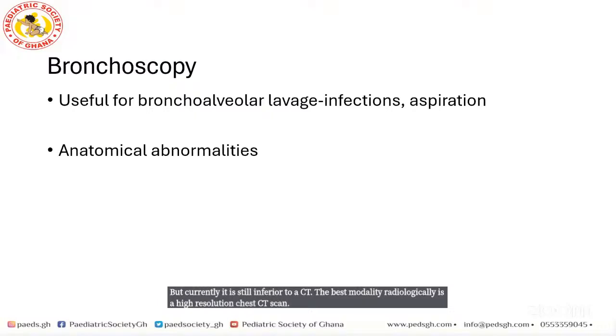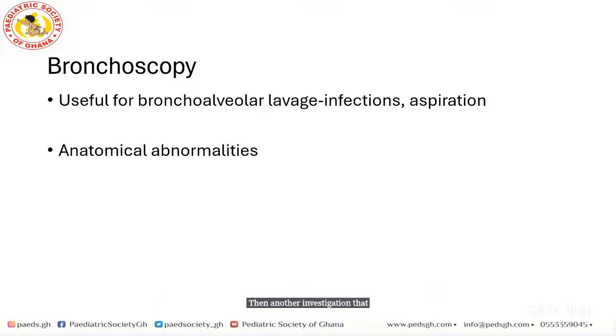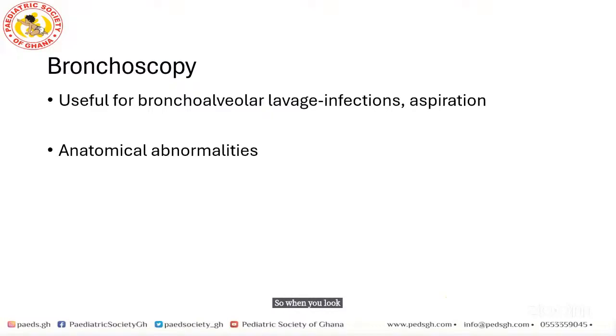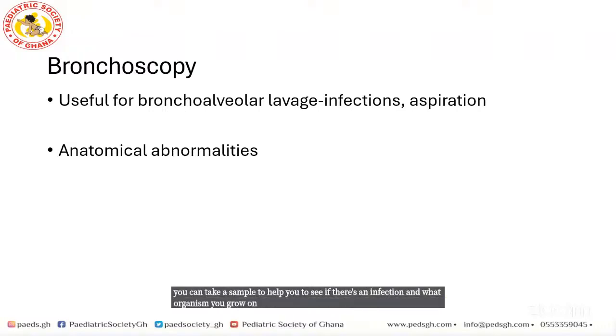Then another investigation that you could do is bronchoscopy, because bronchoscopy simply means looking into the airways. So when you look into the airways, you can take a sample to help you to see if there's an infection and what organism you grow on culture, for TB studies and so on.